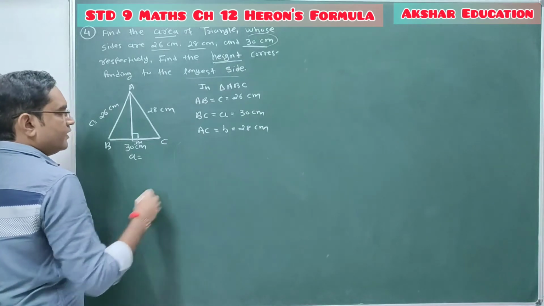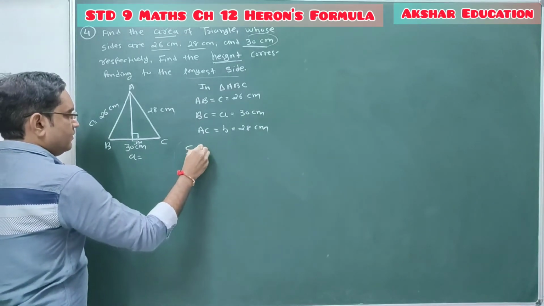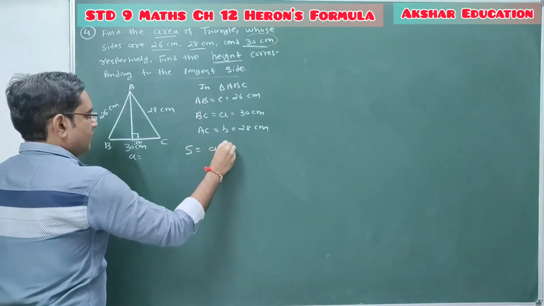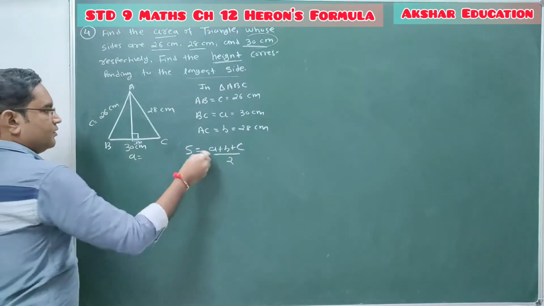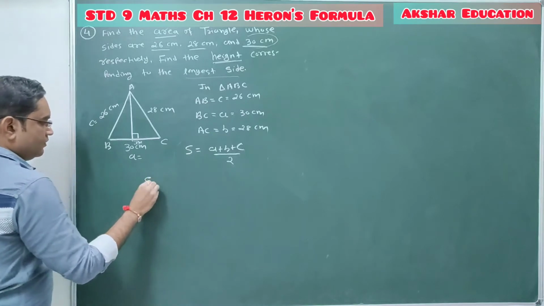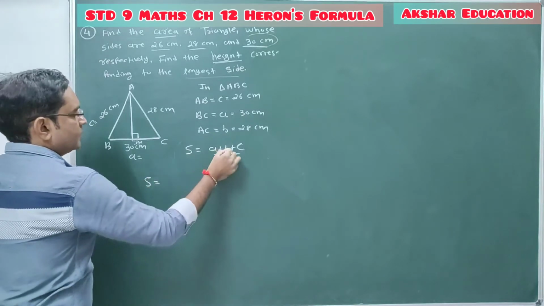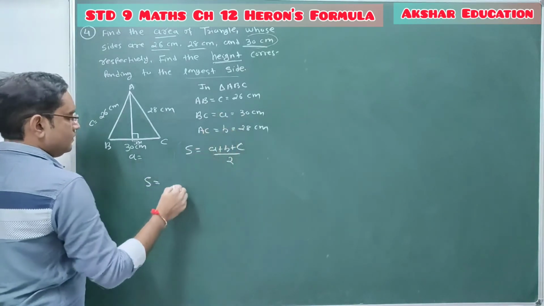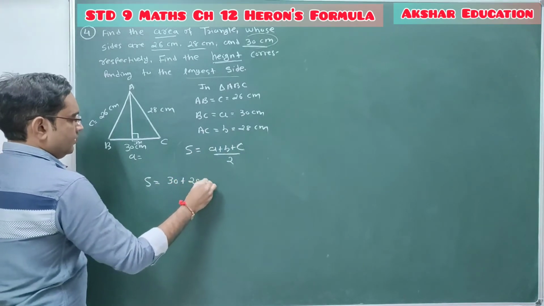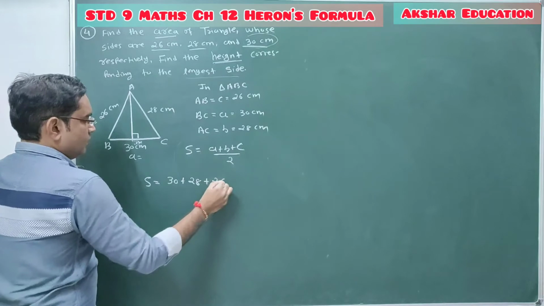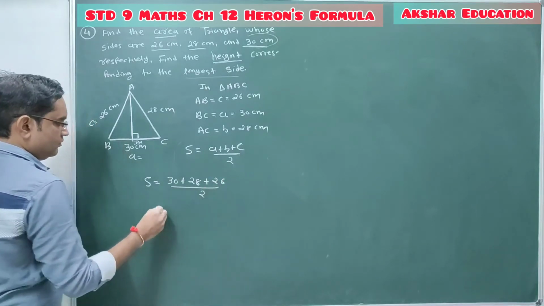For that we require the semi-perimeter. Semi-perimeter S is nothing but the perimeter, which is the sum of all 3 sides, divided by 2. So S equal to (a plus b plus c) by 2, which is (30 plus 28 plus 26) by 2.